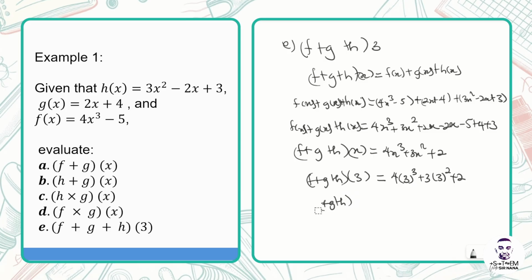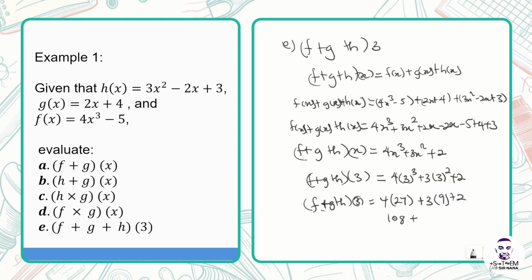So f plus g plus h, all these of 3 becomes equal to, we have 4, 3 cubed gives us 27, plus 3 squared gives us 9, plus 2, right? So we are going to multiply the expression 4 by 27. And when we multiply 4 times 27, we are going to get 108. Then plus 3 multiplying 9.